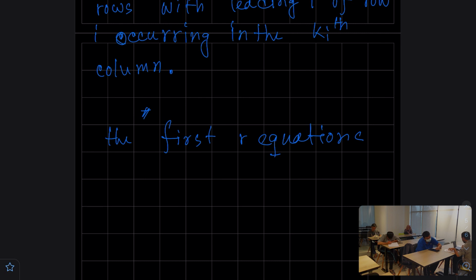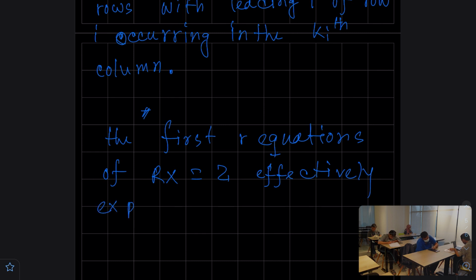These are the non-zero equations for this system, right? So the first r equations of Rx equals to z effectively express xk1.